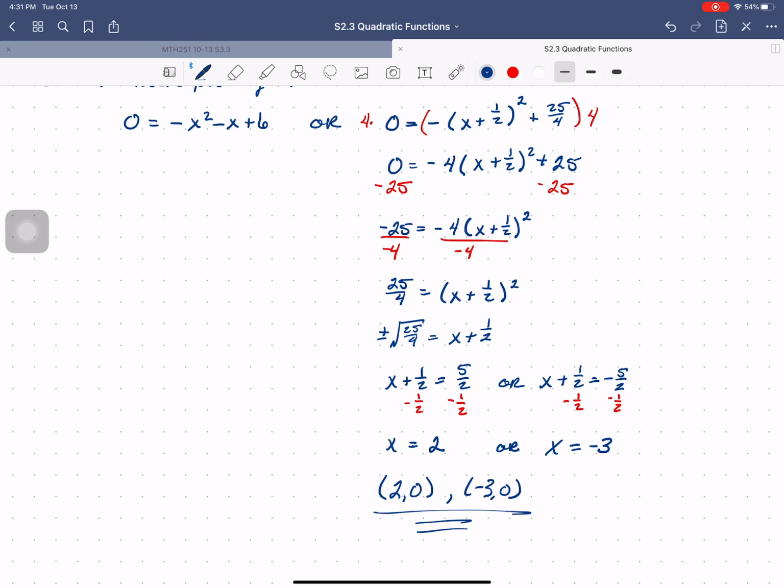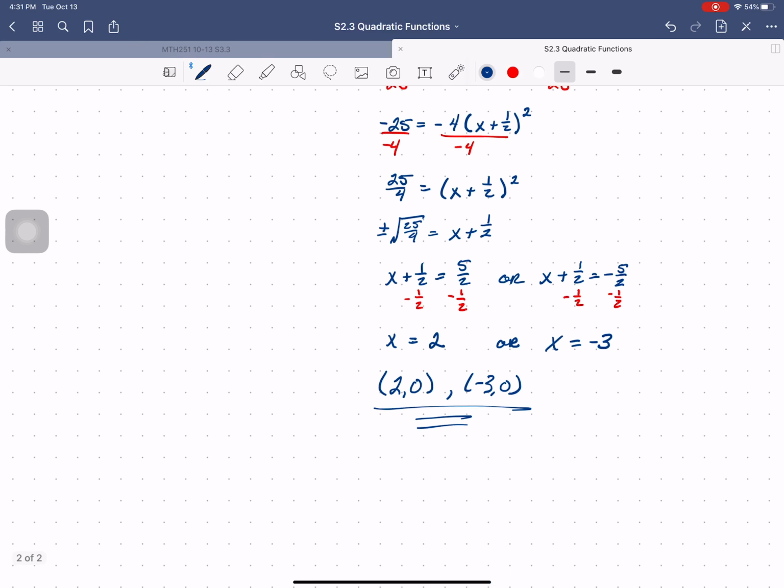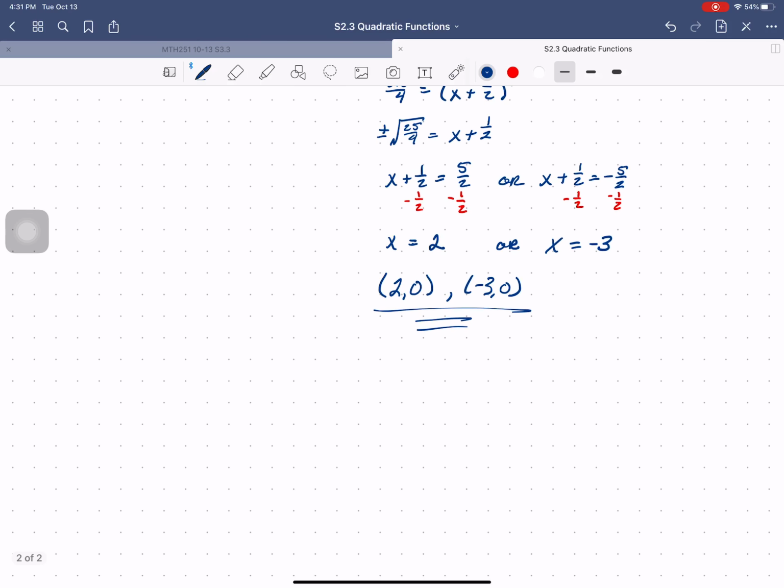Now, you may or may not remember from previous classes that there's another way to handle this, and it actually comes out of the completing the square that we do to get to the vertex form, and that is called the quadratic formula. And the quadratic formula is kind of a shortcut to the end.